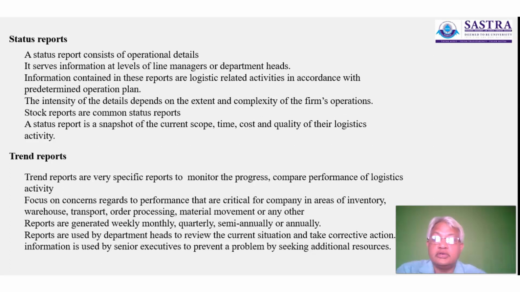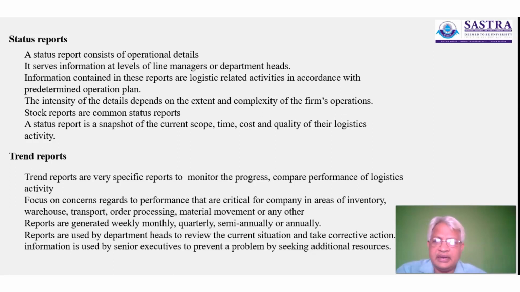Now we look at the status report. The status report normally consists of operational details, and these operational details are created at the level of line managers or department heads. Basically, the information in these reports relates to whether the logistics activity was as per the predetermined operation plans.